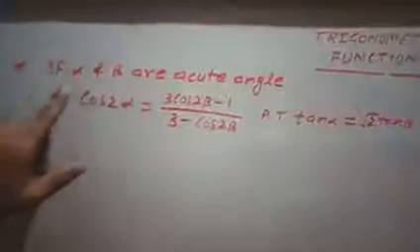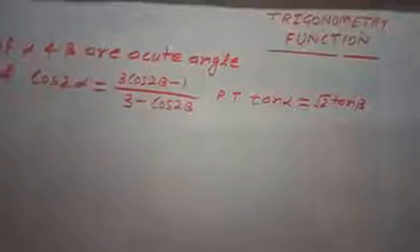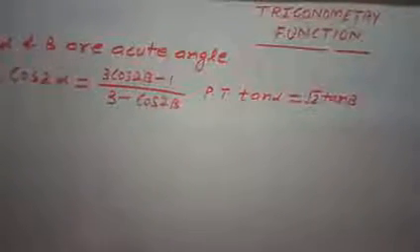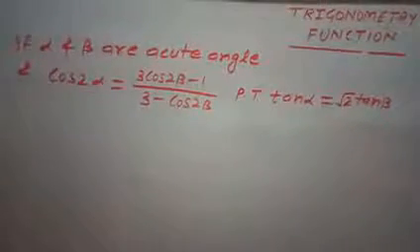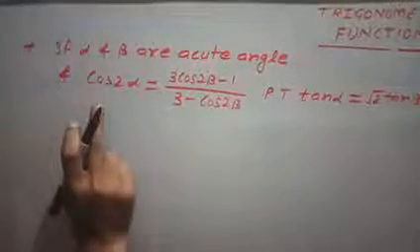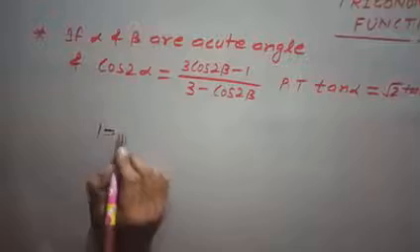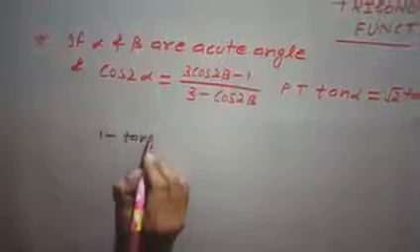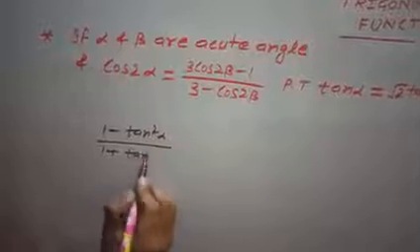In this sum, if alpha and beta are acute angles and cos 2 alpha is equal to (3 cos 2 beta minus 1) upon (3 minus cos 2 beta), then we prove that tan alpha is equal to root 2 tan beta. Now I am going to solve this, and I am using the fourth formula of cos 2 alpha, and that is (1 minus tan square alpha) upon (1 plus tan square alpha).